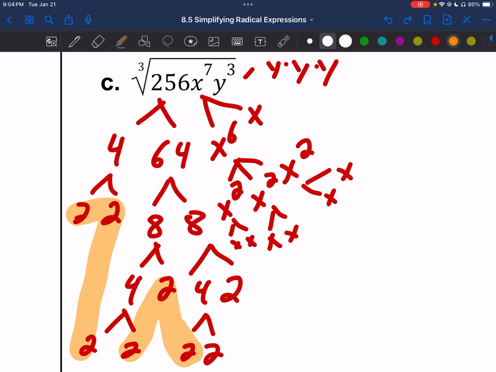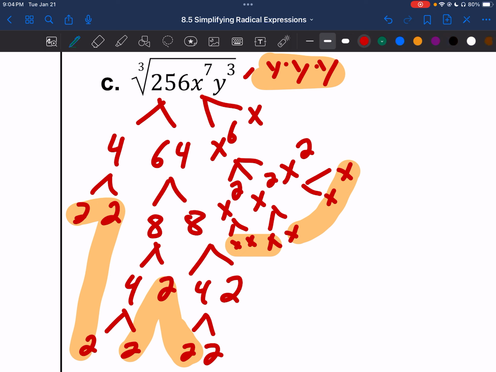Okay, so we got 2, we've got 1, 2. All right, so now we need to look at our x's. We've got a group of 3. We've got a group of 3. And our y's, we've got a group of 3.